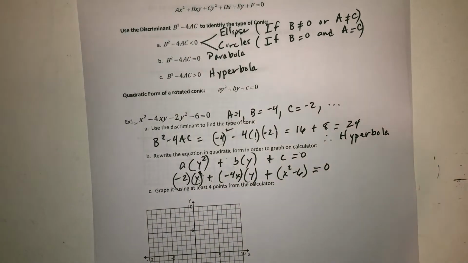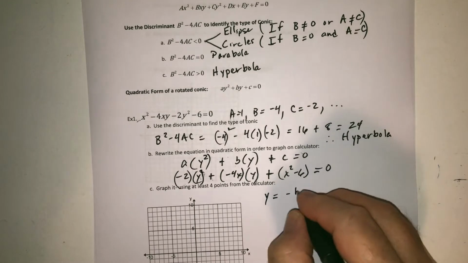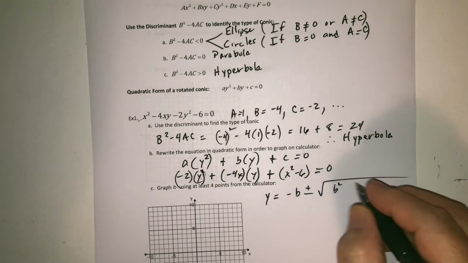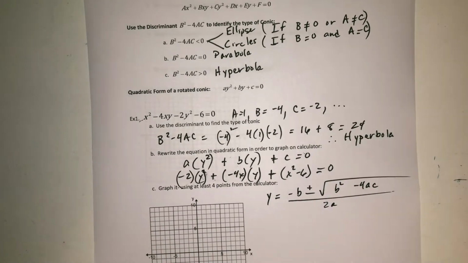X squared minus 6. It is now in what we call quadratic form for a rotated conic. Something times y squared plus something times y plus something else. And now please remember your quadratic formula. We're going to solve this for y. It would say y is equal to the opposite of b plus or minus the square root of b squared minus 4ac, all divided by twice the a value.